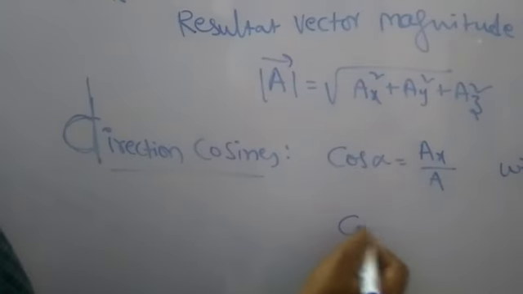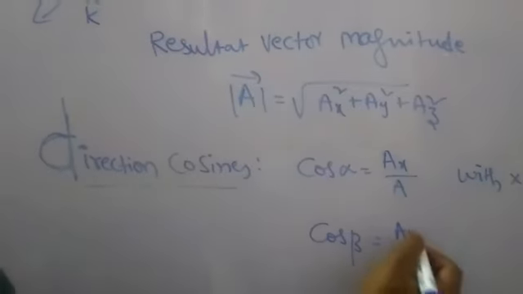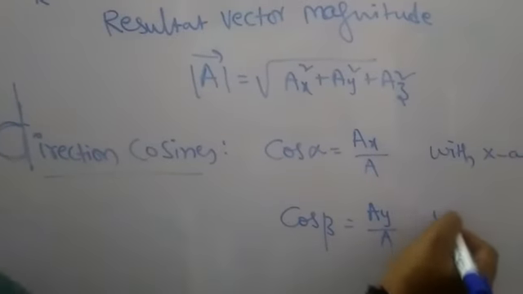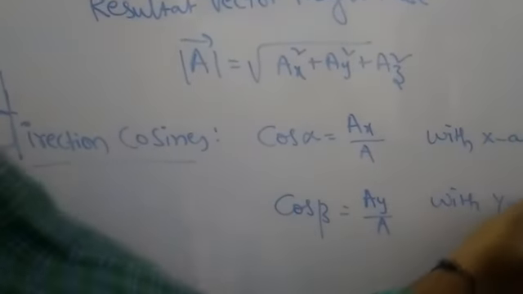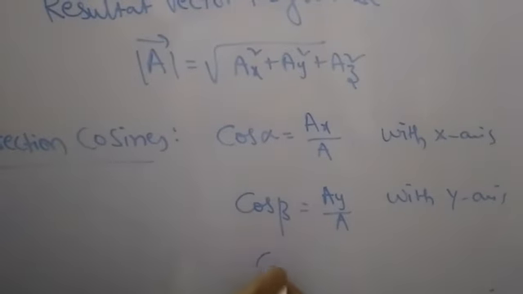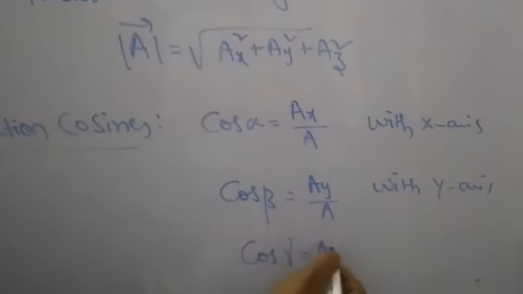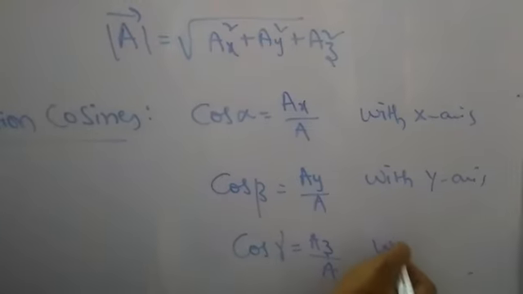With the y axis, cos of beta is equal to ay divided by A. With the z axis, cos of gamma is equal to az divided by A.